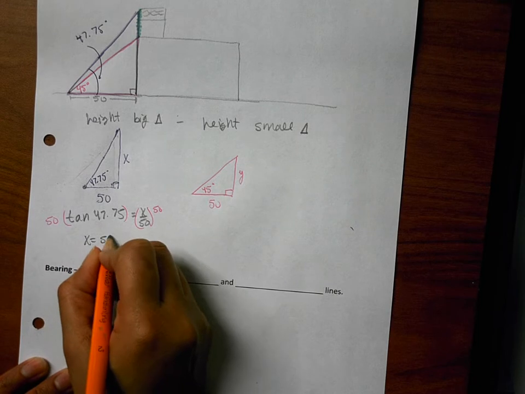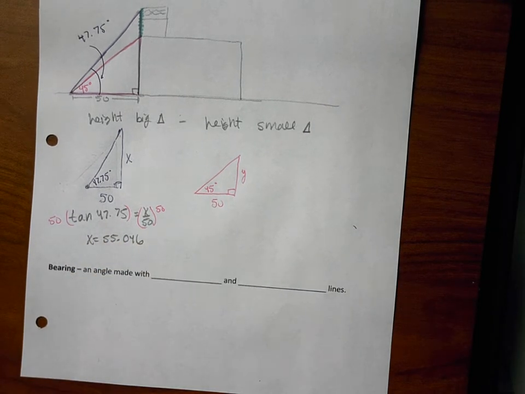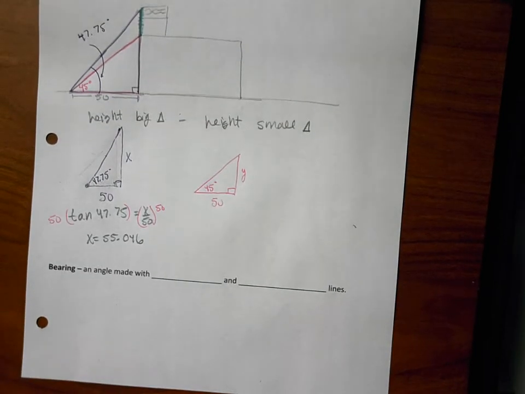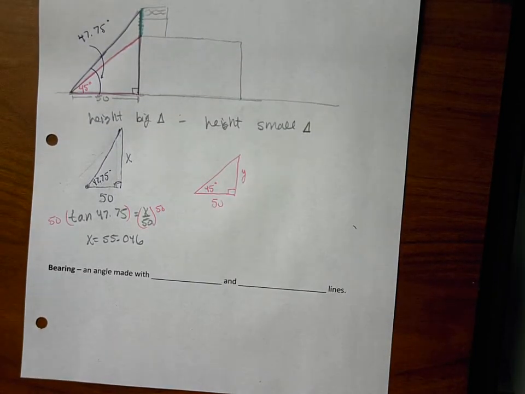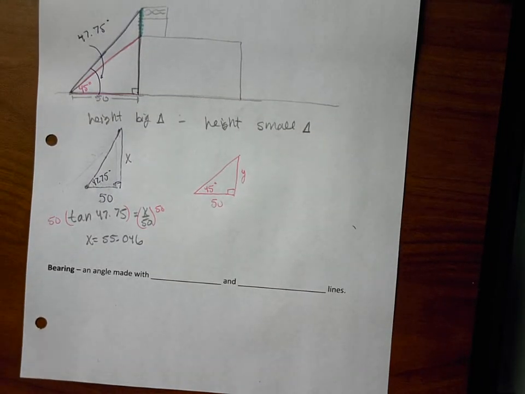Okay, that didn't type in, and it's not working for me. Okay, I'm going to find a calculator that works. You can plug it in. It should come out to be x equals 55.046. And go ahead and set the next one up as well, also using SOHCAHTOA.